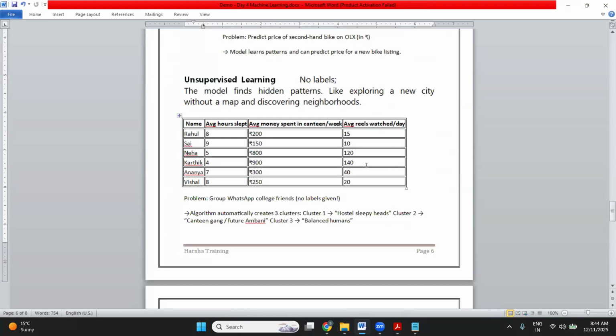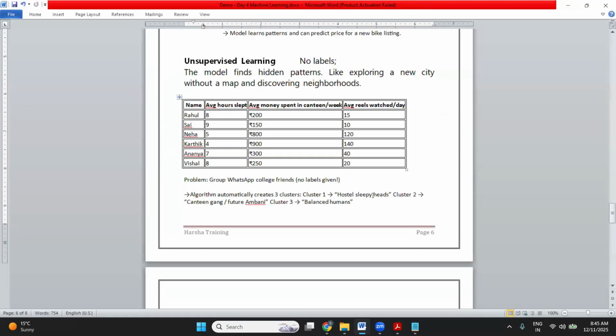there are no labels here. And the model will try to find the patterns. For example, the example which you are seeing here, it is given the average amount spent in the canteen, the average hours of sleep, or the average number of hours spent on social media.